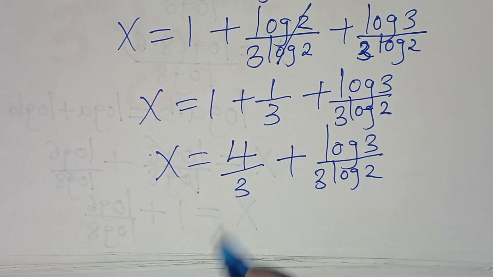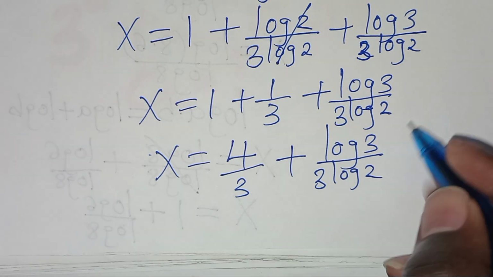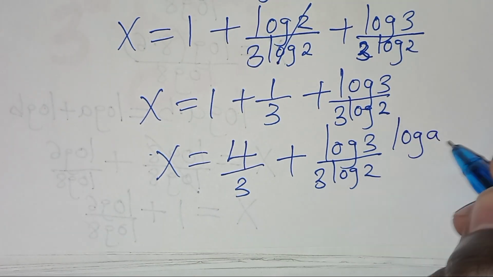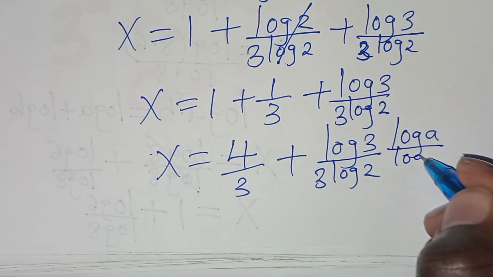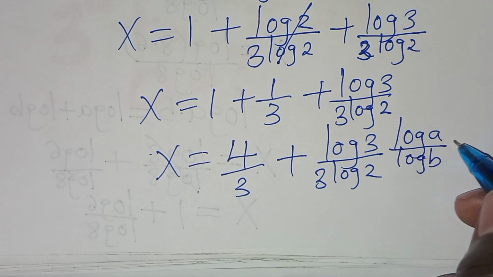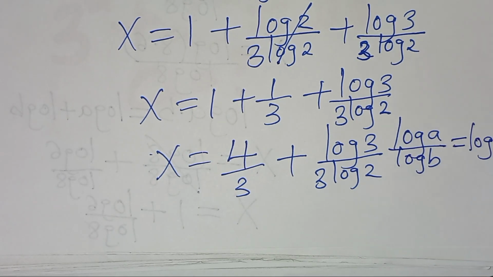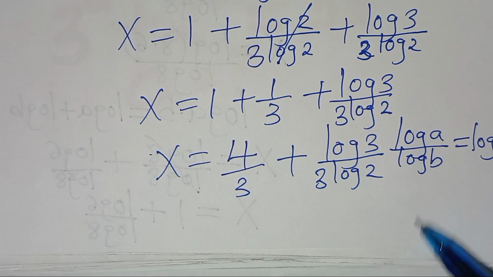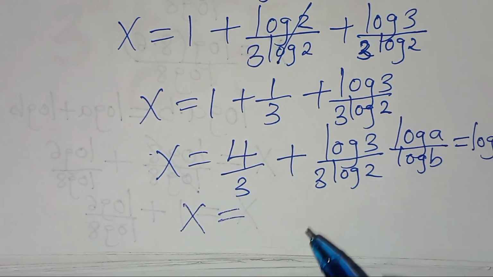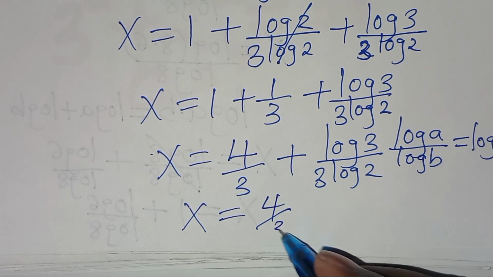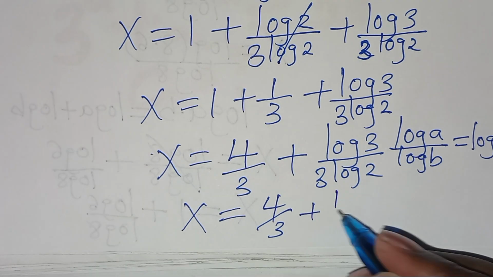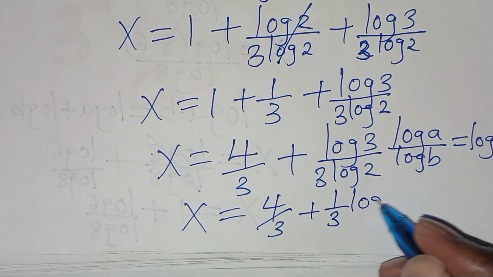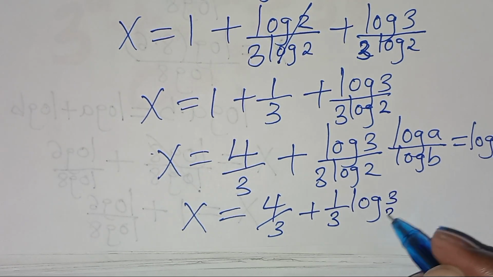The next step here, log 3 divided by log 2 is in the form of log a divided by log b, which we can express as log a to base b. Applying this logarithm property, we are going to establish that x is equal to 4 over 3 plus 1 over 3 log 3 to base 2.